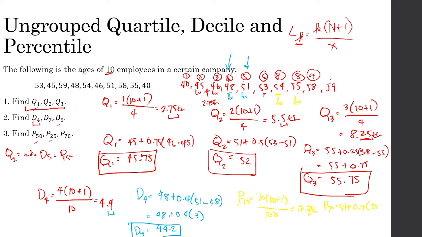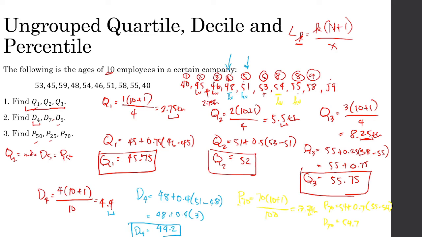Sulat na rin natin. So 55 minus 54, that is 1. 1 times 0.7 is 0.7, meaning to say we will have here 54.7. Okay, so that will be our 70th percentile.